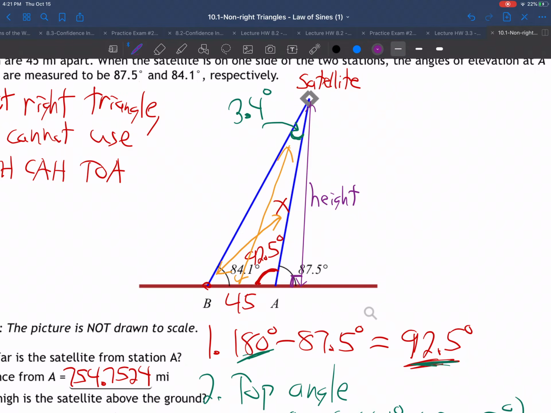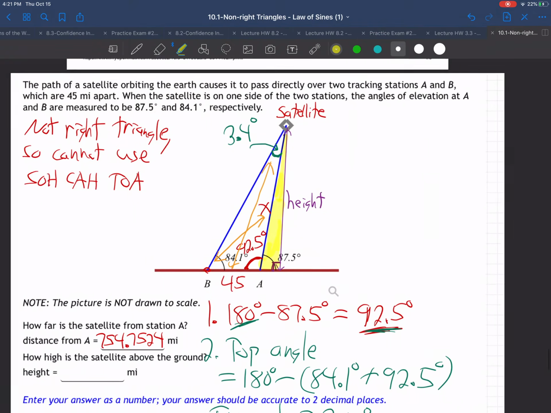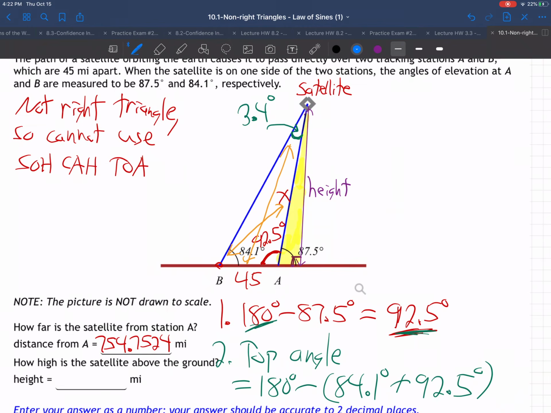So, why is that so great? Well, that means we've made a little bitty right triangle, you see. That little thing I just shaded is a right triangle because it goes straight down to the ground. So I can use SOHCAHTOA, right? What am I trying to find?